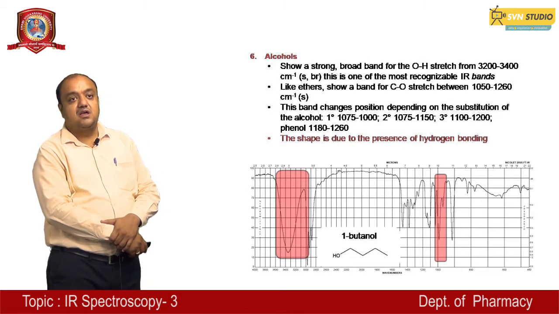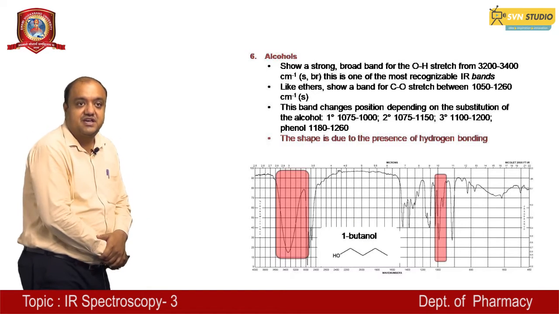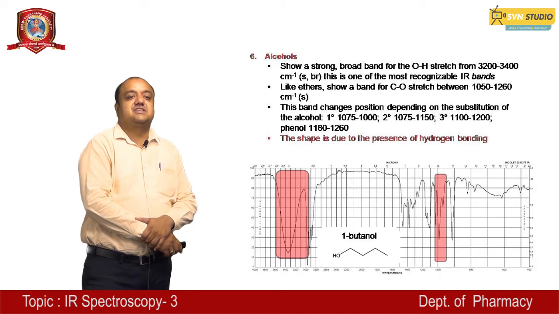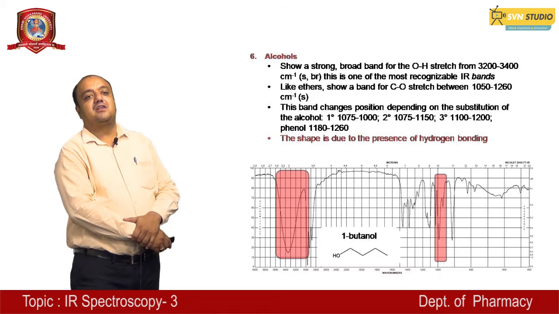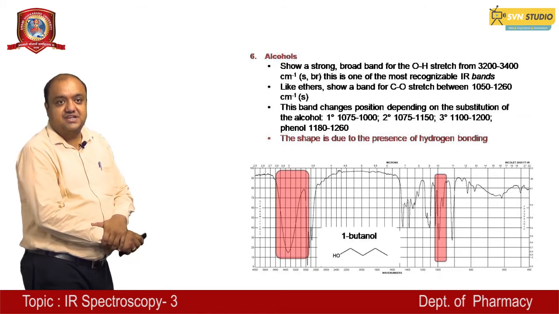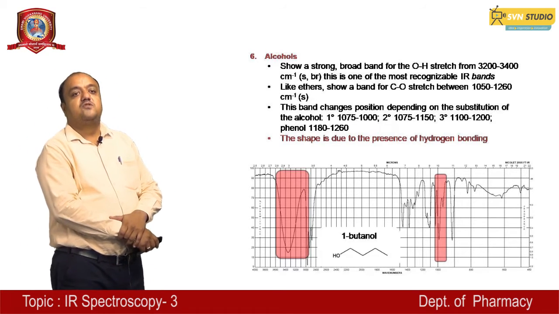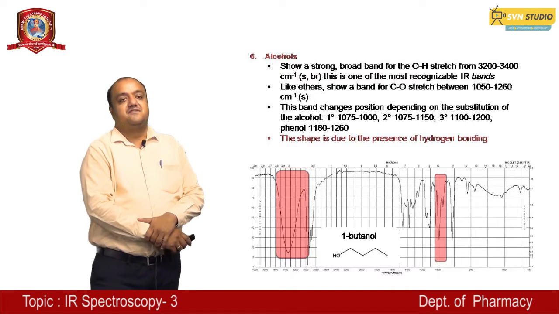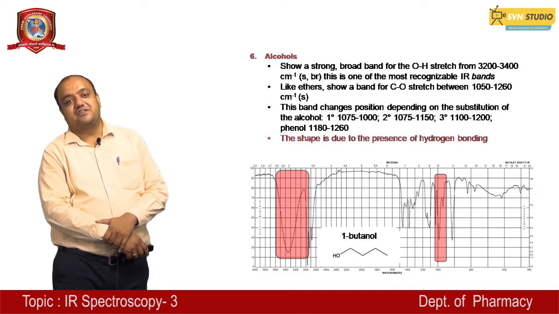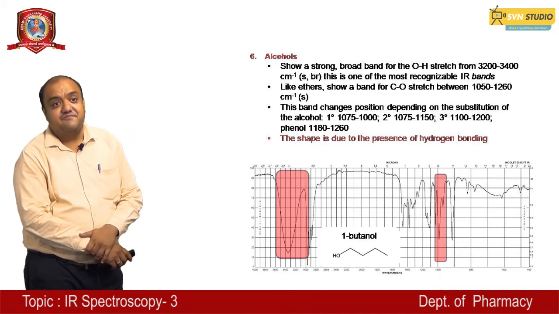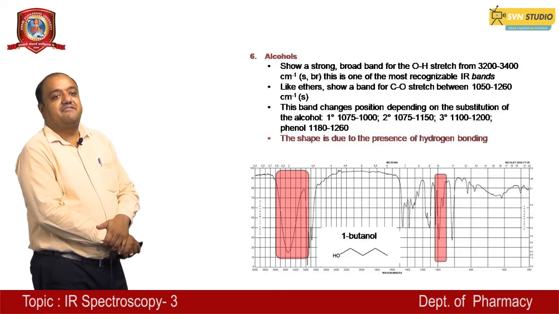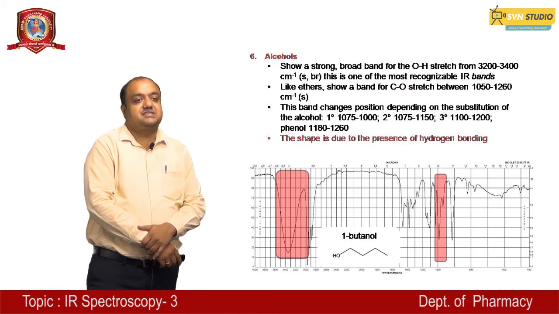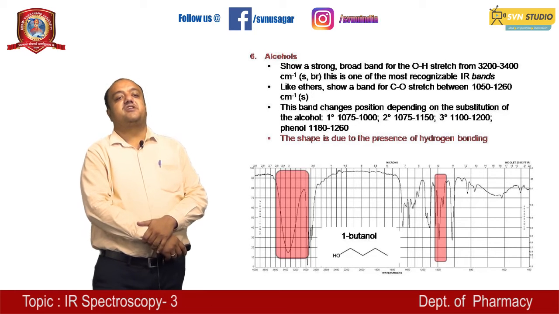Primary alcohol absorbs in the region 1075 to 1000 centimeter inverse, secondary alcohol at 1075 to 1150 centimeter inverse, tertiary alcohol at 1100 to 1200 centimeter inverse, and phenol at 1180 to 1260 centimeter inverse. The broad shape is due to the presence of hydrogen bonding.